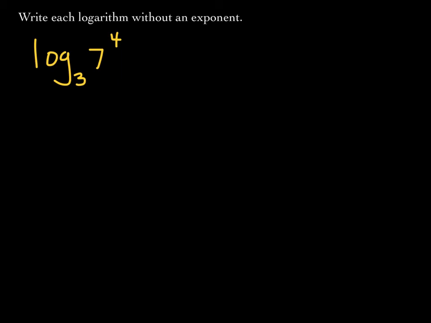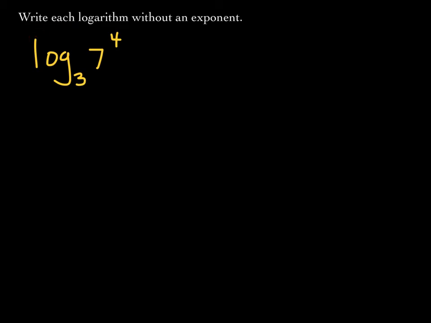Okay, we're now going to use the power rule to write this logarithm without an exponent. This is the exponent, 4. Now, the power rule says that whenever you are taking the logarithm of an exponential expression, like 7 to the power of 4, the power can come down to the front.